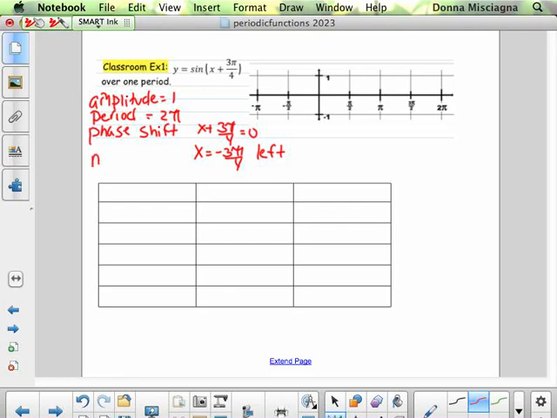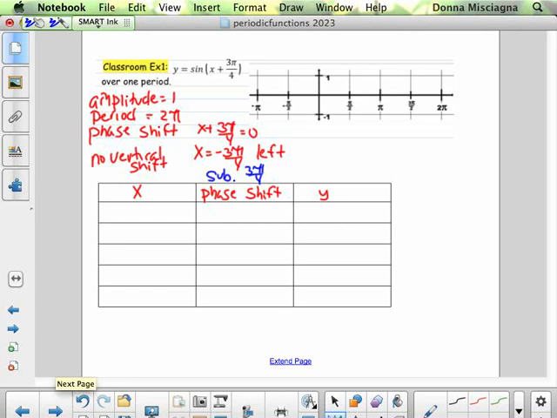There's no vertical shift, so all we have is a phase shift, and nothing has happened to y. And remember, since we're going to the left, we're going to subtract 3 pi fourths.